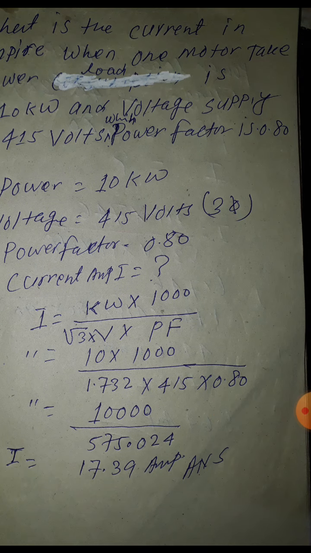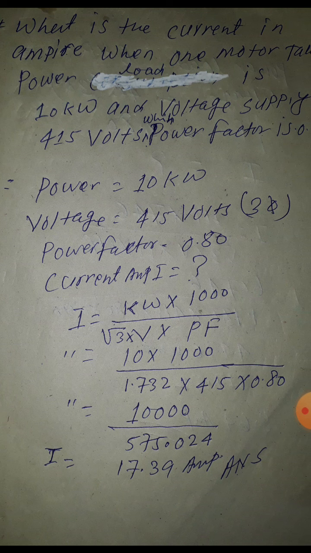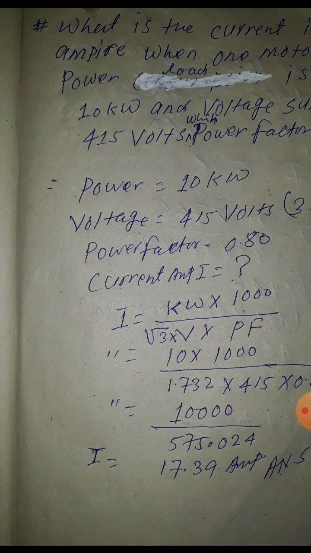So everything is given here. The total motor load is 10 kilowatts, the voltage is 3 phase at 415 volts, and the power factor is 0.80. We need to find how many amps of current are required.